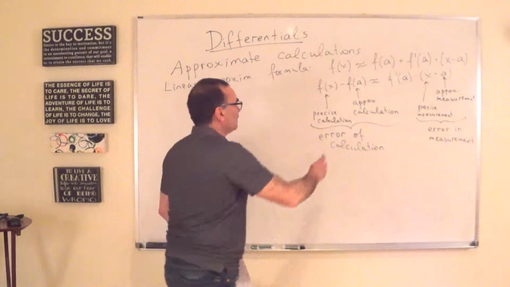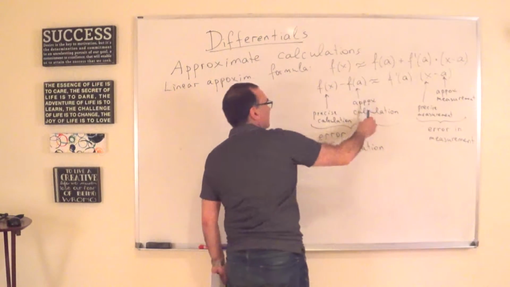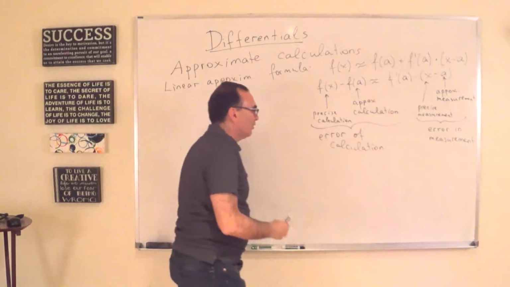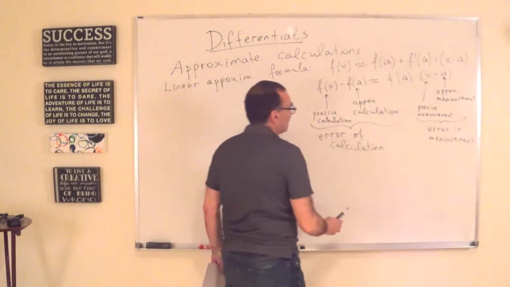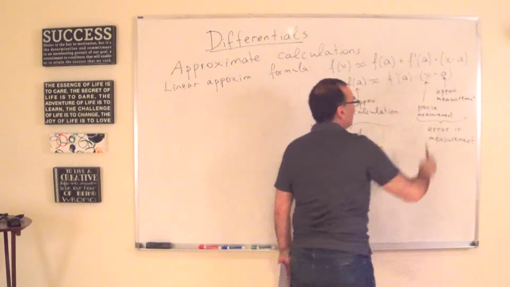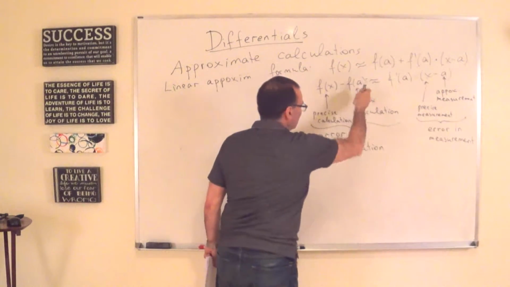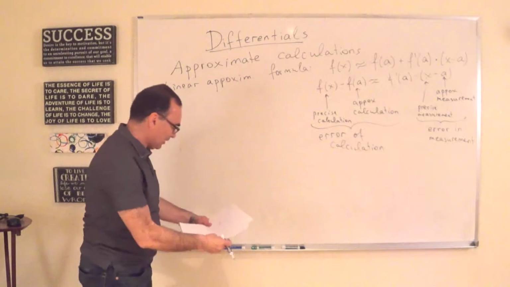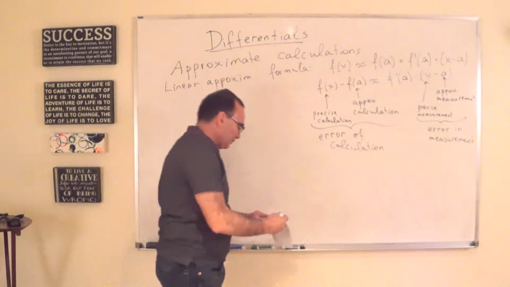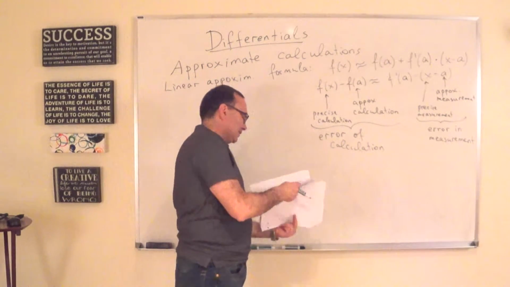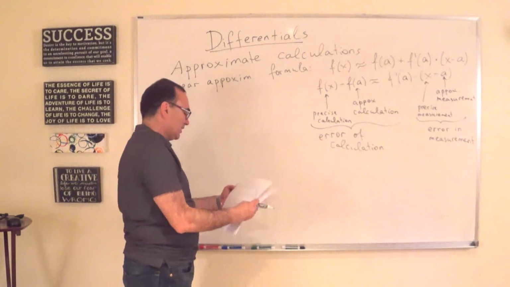And then the other quantity based on that can be calculated also approximately, also up to a certain error. And because the initial quantity was measured with an error, the other quantity is also calculated with an error. But this error can be calculated more or less precisely. So here's an example.